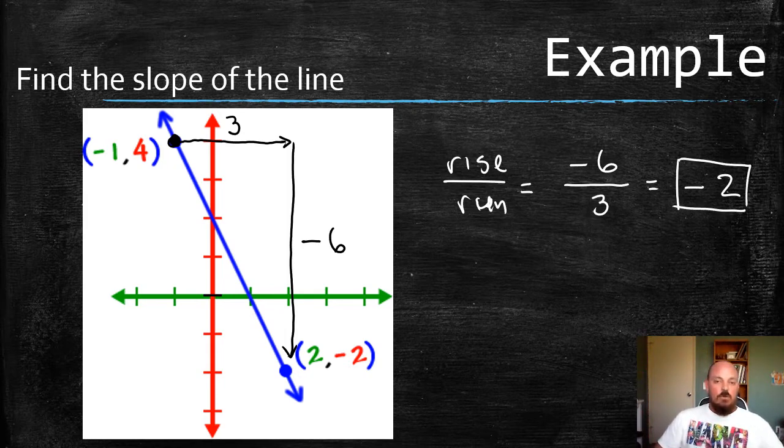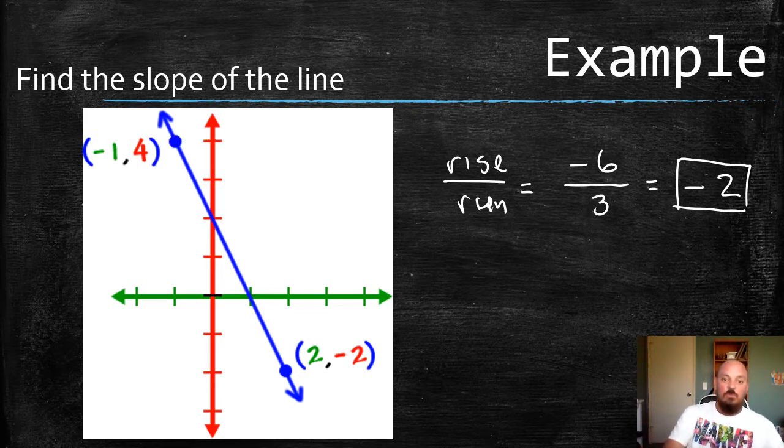Now, it doesn't matter which way you go. The same thing I told you last time. Let's say, for example, I did this question backwards where I started at the other point. Let's say I started at the 2, -2, and I said I'm going to go up this many and then backwards this many. Well, then the rise is +6, but now the run is to the left, so it would be -3.